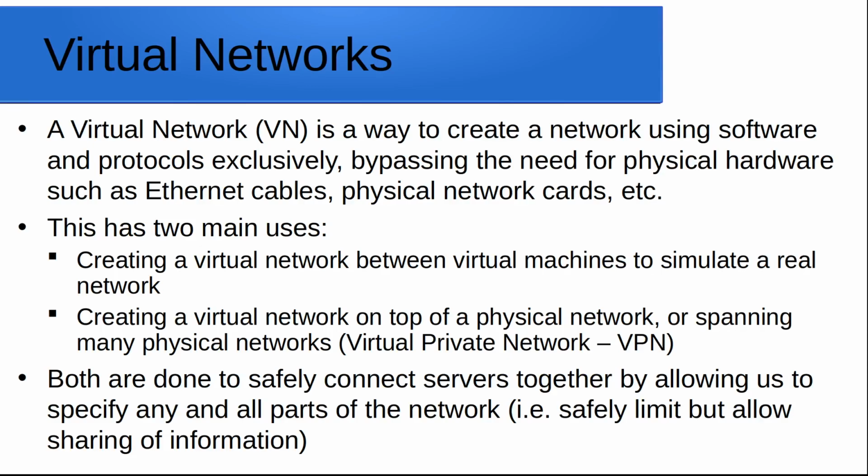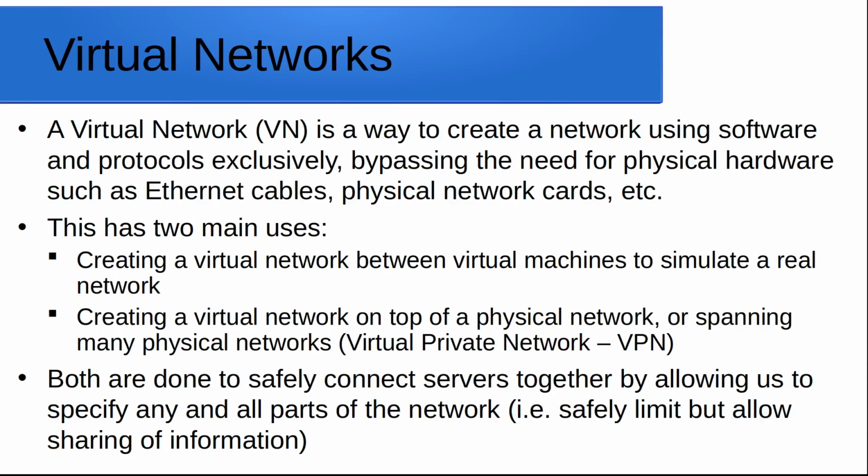You can also create a virtual network on top of a physical network, or even spanning many physical networks, which I don't like the term virtual private network here, VPN, because that's something else entirely. But you can have both, right? You can have virtual networks within your physical network to segregate traffic, to isolate resources.